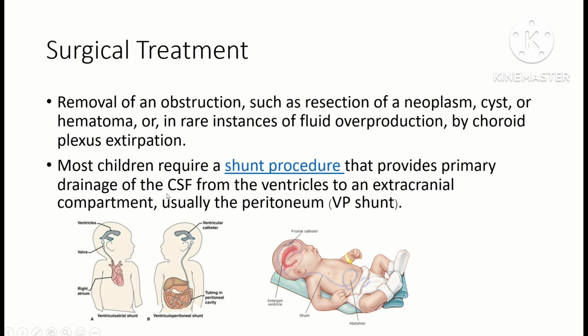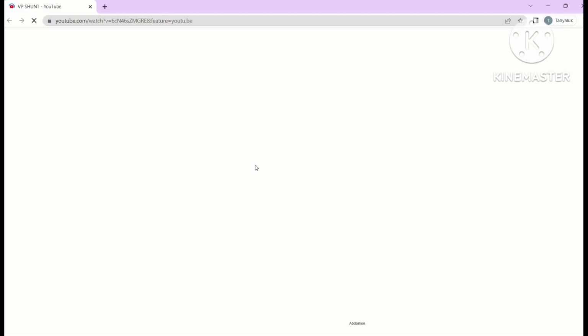This slide I will talk about the VP shunt only. Some cases use a VA shunt also, but in most cases it is a VP shunt, like this picture. I will show you the shunt procedure in a video clip. Thank you very much.